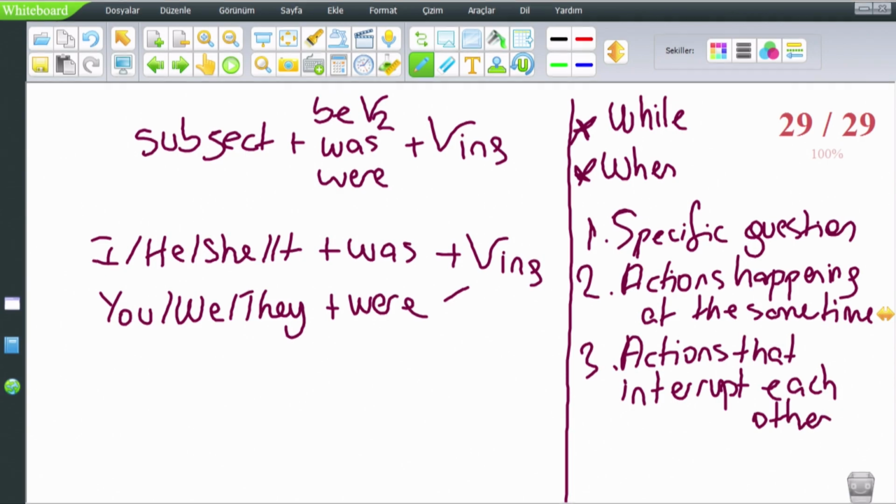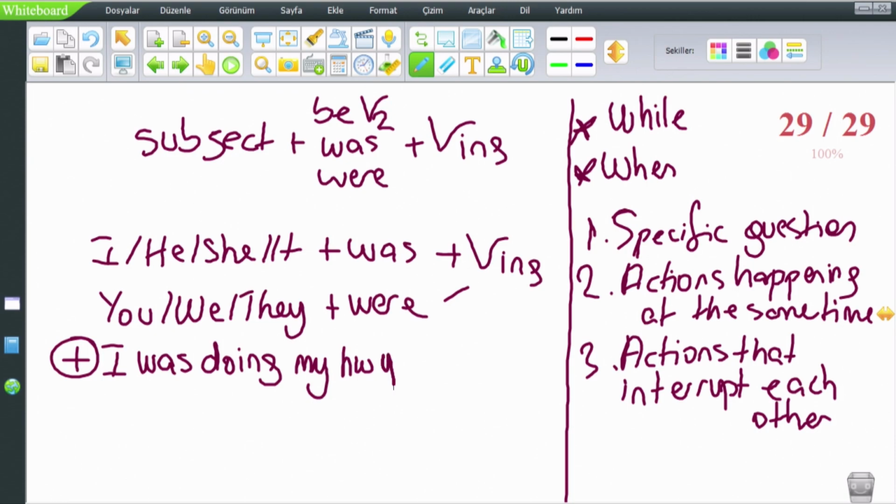First of all, let's give an example. For example, I was doing my homework yesterday. This is a grammatically correct sentence, but meaning-wise, when someone says this sentence to you, you don't get the full story because it's like half of a meaning. We need the other half.